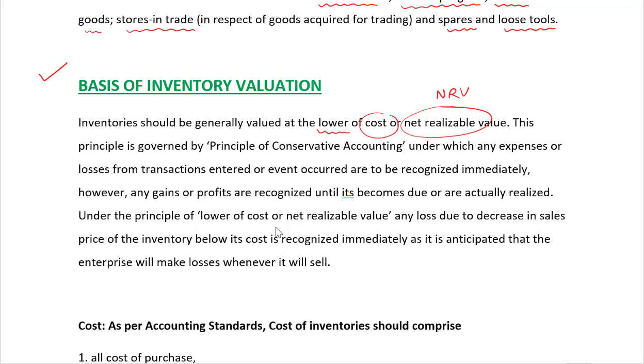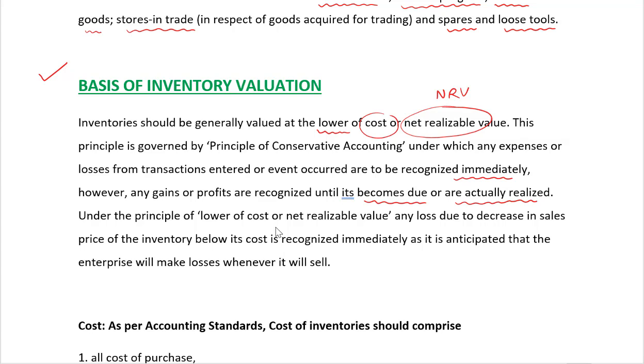This principle is governed by the principles of conservative accounting or prudent accounting, under which any expense or losses from transaction entered or event occurred are to be recognized immediately, but any gains or profits are not recognized until they become due or are actually realized. Under the principle of lower of cost or NRV, any loss due to decrease in sales price of the inventory below its cost is recognized immediately.